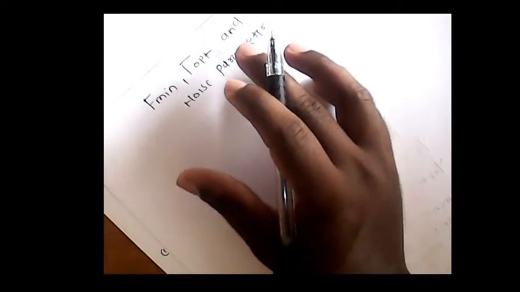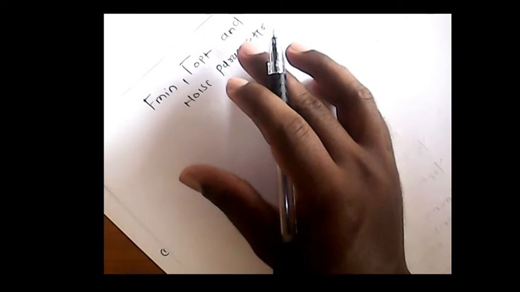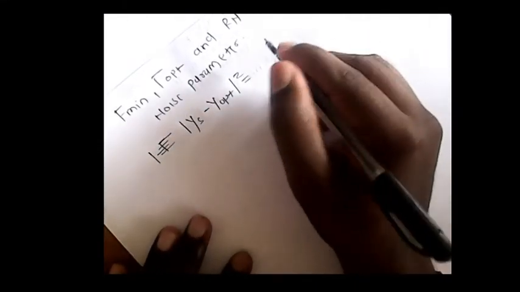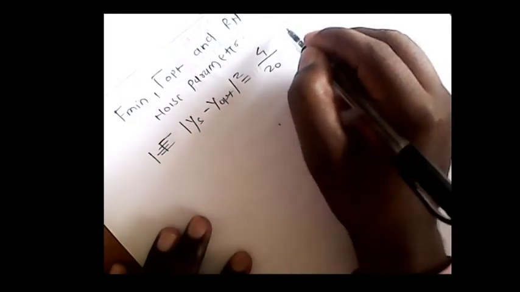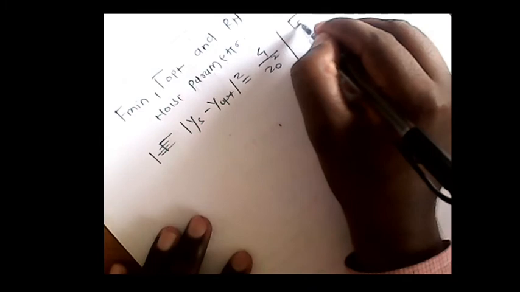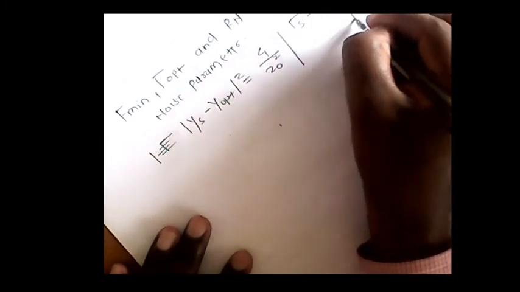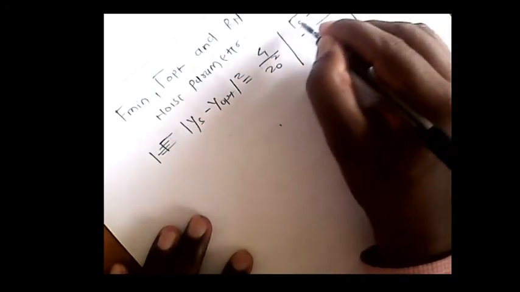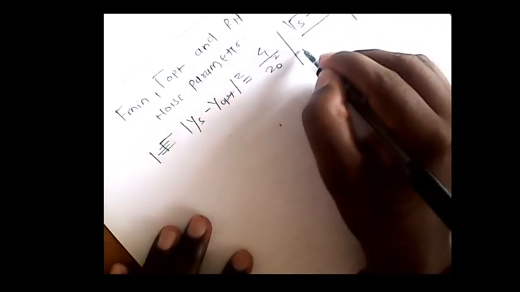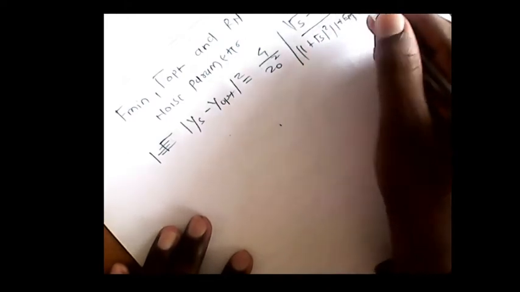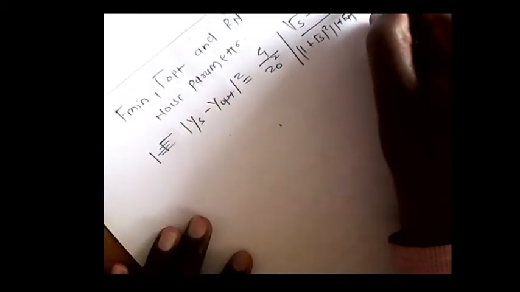We can express the quantity Y of s equal to Y optimum in terms of gamma s and gamma optimum. So Y of s is equal to Y optimum square into 4 Z0, gamma s minus gamma optimum square divided by 1 minus gamma s square into 1 plus gamma optimum square. So this is equation number 4.